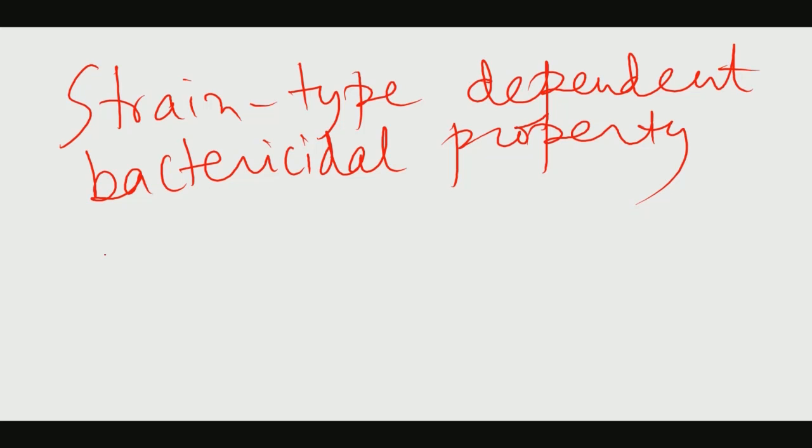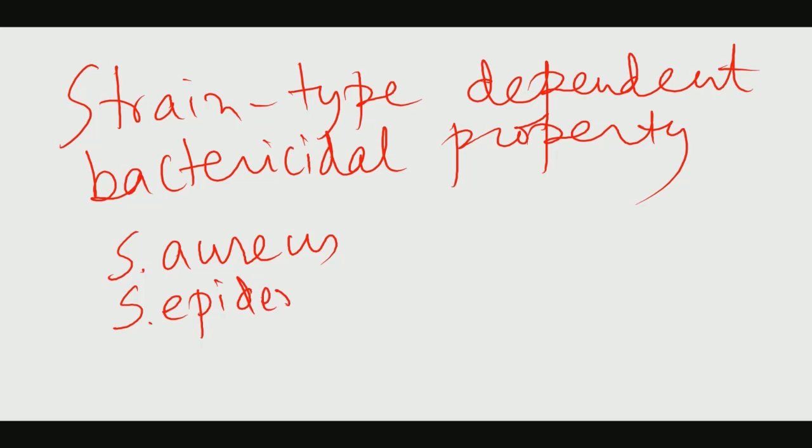What it means, for example, for gram positive, if you take Staphylococcus species, Staphylococcus has a number of strains like Staphylococcus aureus and Staphylococcus epidermidis, and this is the gram positive. In the gram negative, mostly people use Escherichia coli. This is the gram negative bacteria.